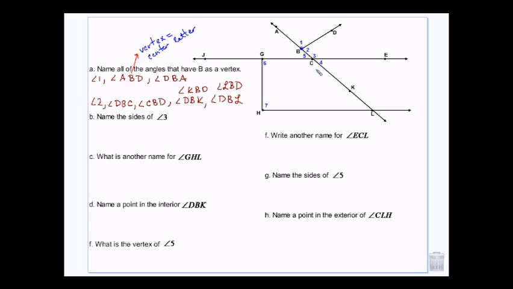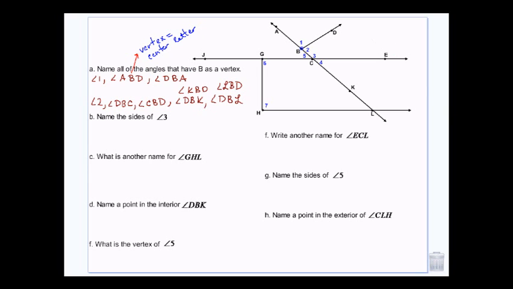If it didn't have anything else on here, I could also call it angle B. But because B is for 2 angles, I can't. You can only call it by 1 letter if it's an angle sitting out by itself. Does that make sense?